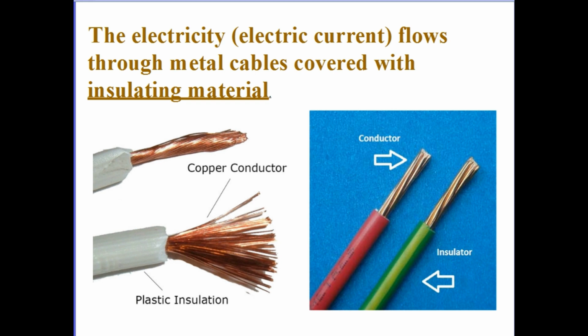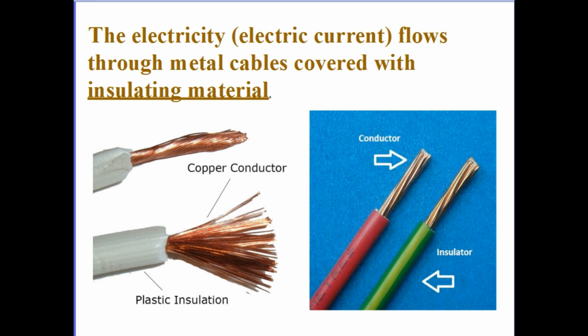It has to be a good conductor of electricity. The outer part has to be made of an insulating material like plastic or rubber to prevent the leakage of this electric current to the surroundings, and this is for safety, to avoid any dangers of electricity that we are going to talk about in this lesson.